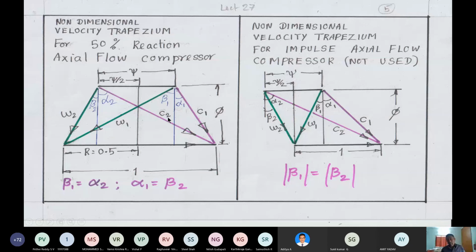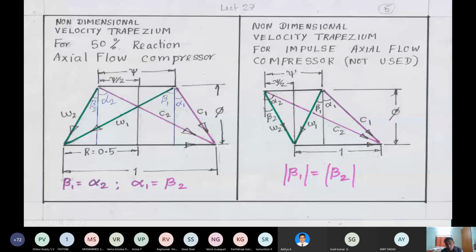With this basics, we'll be actually working out some problems in axial flow compressors. Axial flow compressors will also have those limitations, the surge and the choking, like centrifugal compressors. Here also, when the discharge is very less, surging could occur.